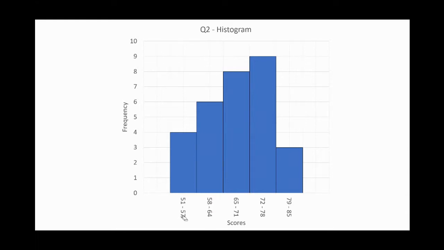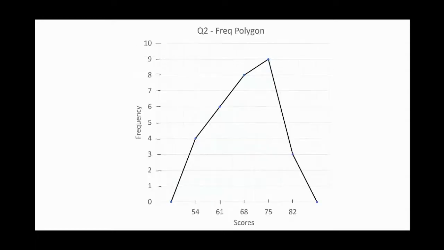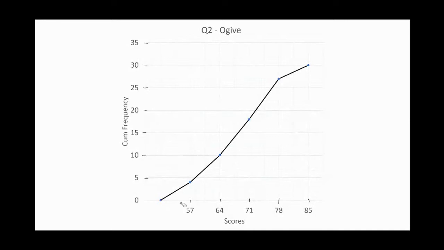So for the ogive, we only take care of the higher number: 57, 64, 71, 78, and 85. Okay, so these will be the numbers shown on the x-axis. Then the cumulative frequency will be on the y-axis. Okay, so this is what you have: 57, 64, and so forth on the x-axis, and the y-axis will be the cumulative frequency.